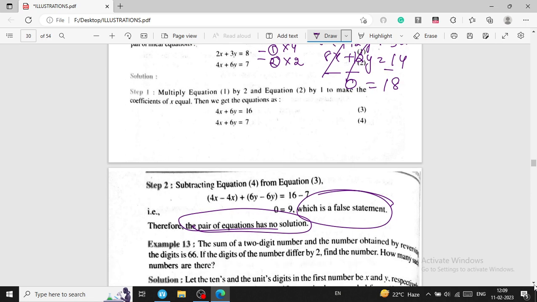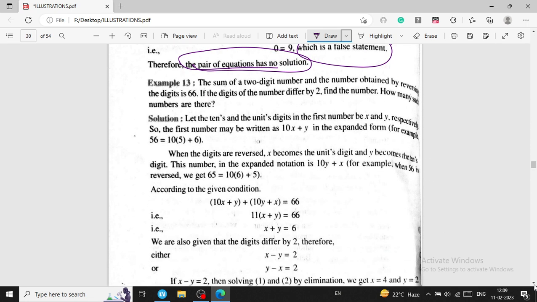So the next question is: the sum of a two-digit number and the number obtained by reversing the digits is 66. If the digits of the number differ by 2, find the number. How many such numbers are there?